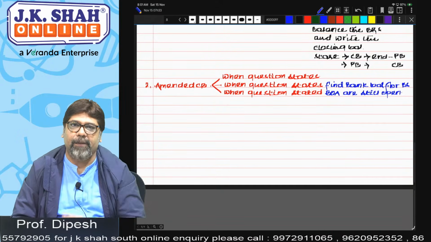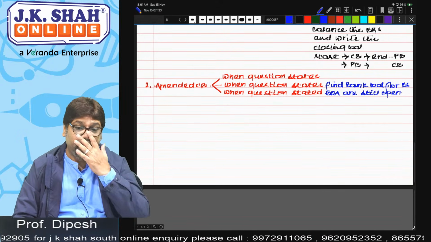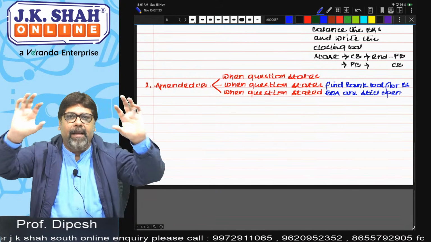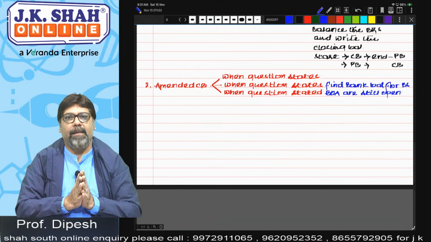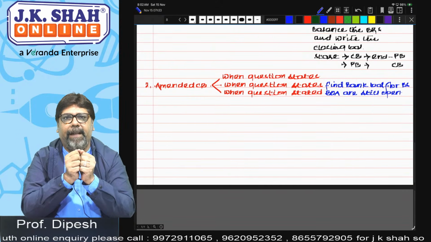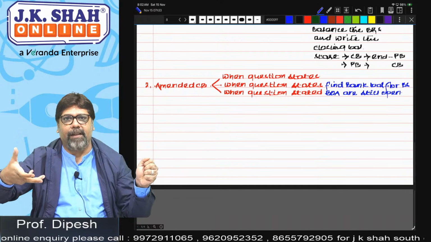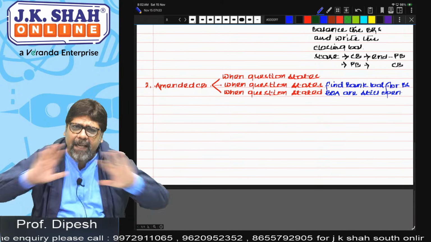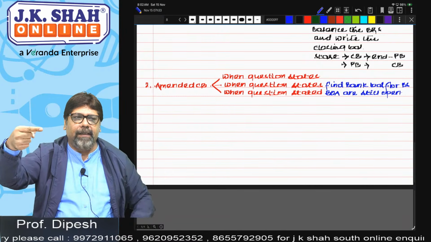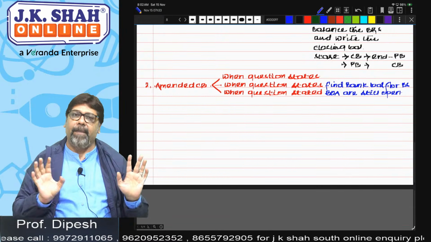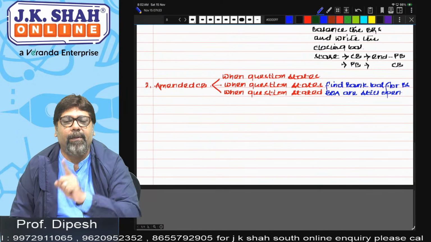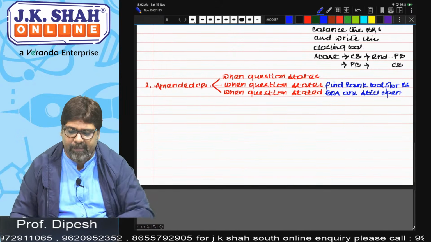In these three situations, you are supposed to prepare BRS. Now, in BRS there would be a balance given and a few transactions given. All the transactions given in BRS can be classified into two categories: errors in cash book and errors in passbook. Am I clear? Correct. The amended cash book will be prepared only with errors of cash book.